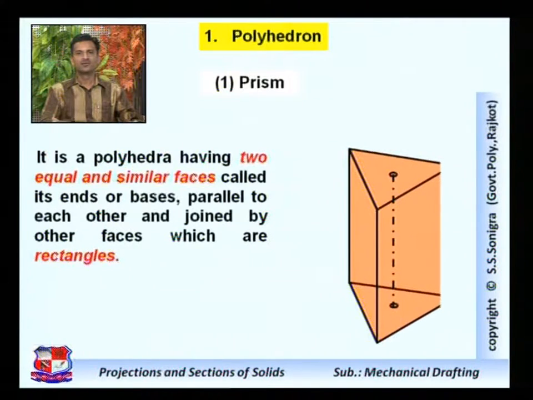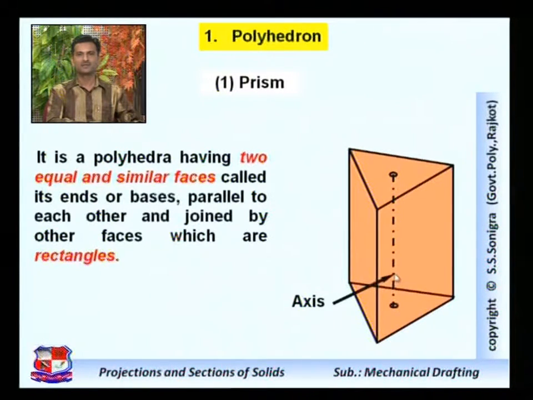This is one typical triangular prism. Two triangular faces, the upper face and lower face, are joined with slant edges, and 3 rectangular faces are there on all 3 sides. This is called the axis, which joins the midpoint of the upper triangle and the midpoint of the lower triangle.